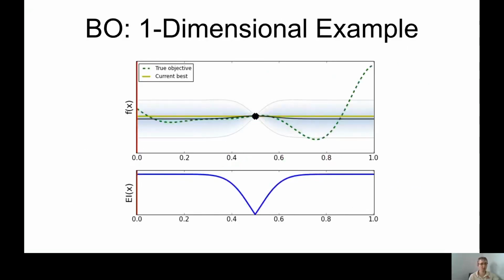So let's look at the simple one-dimensional example. It will hopefully make things much clearer. Here, the goal is to minimize this green dotted line. This is the objective function f that we don't know, and we only have access to it through evaluations. So we want to find its minimum. And here on the top plot, you can also see this blue shaded area, which is the degree of uncertainty of our surrogate model.